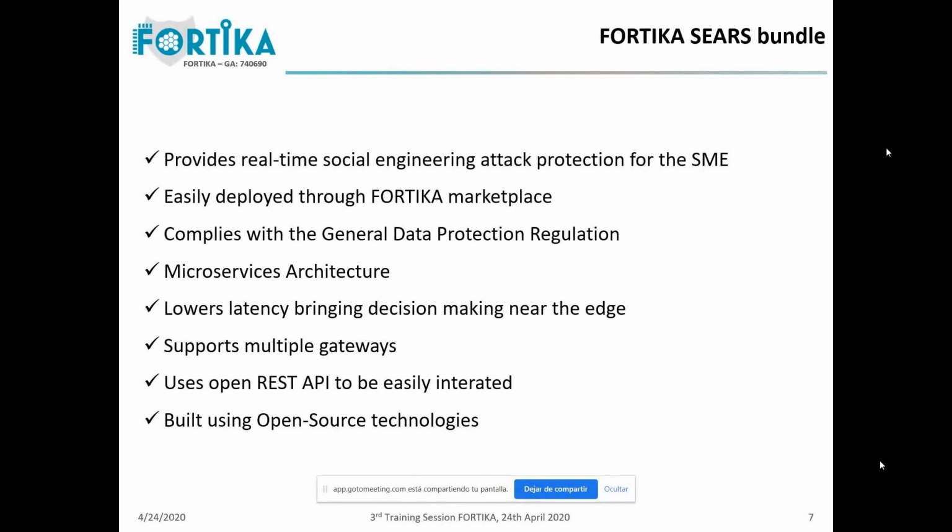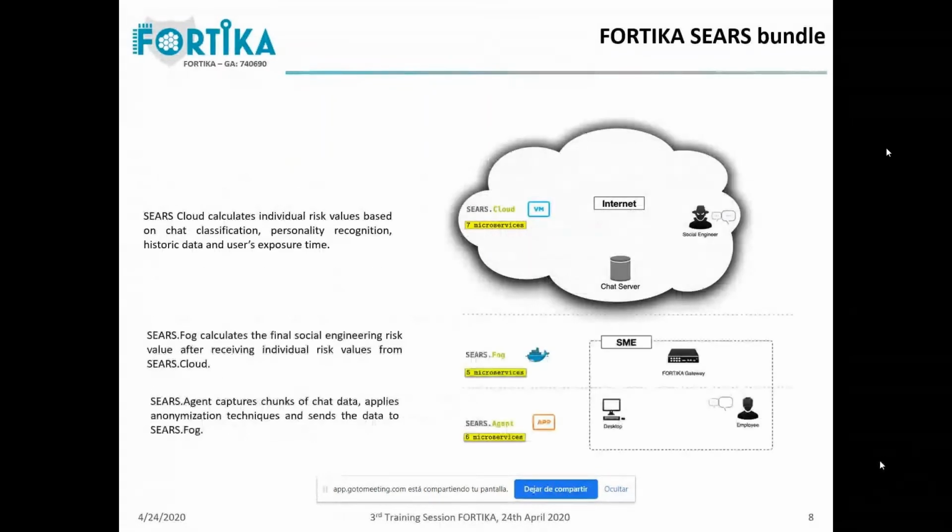This bundle recognizes these top attacks and also has an architecture based on three components: cloud component, gateway component, and endpoint component. It supports low latency and is based on a microservice architecture.